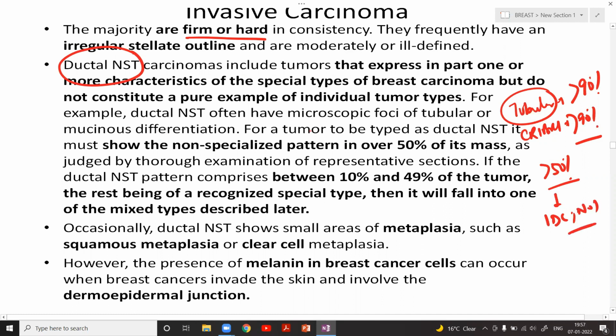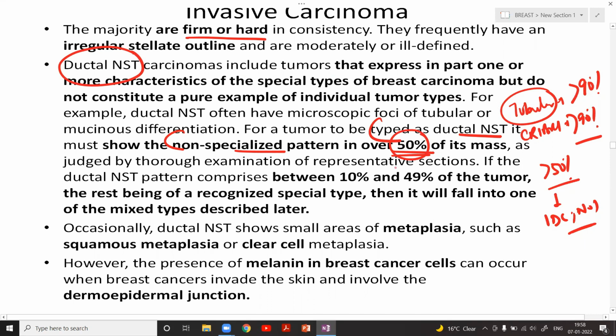IDC-NOS. So for a tumor to be typed as ductal NST, it must show the non-specialized pattern in over 50% of its mass. More than 50% of the tumor should be non-specialized, should not show a tubular, lobular, or mucinous variety, so that amount should be less than 50%. If a tumor shows a non-specialized pattern in over 50% of its mass, then we call it ductal NST.